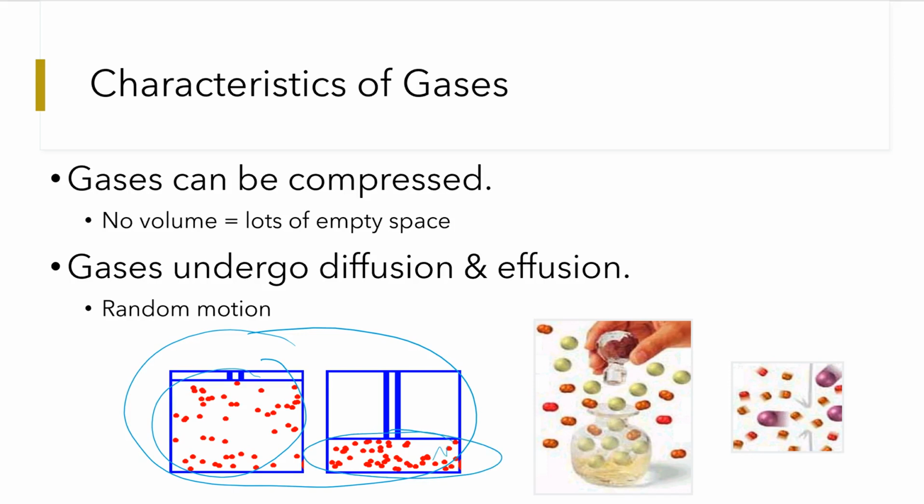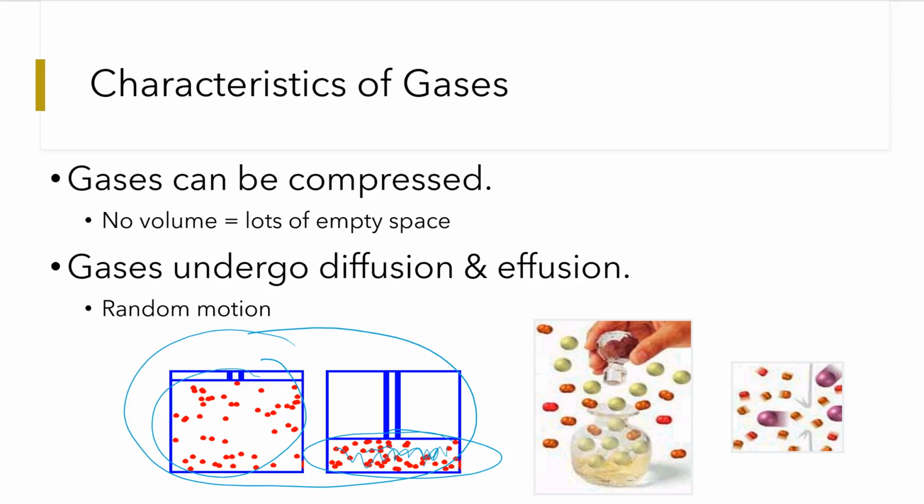And so they're all very, very close to each other. Not a lot of room. That's compression, y'all. Taking away that available space and reducing the amount of room that certain particles can move.